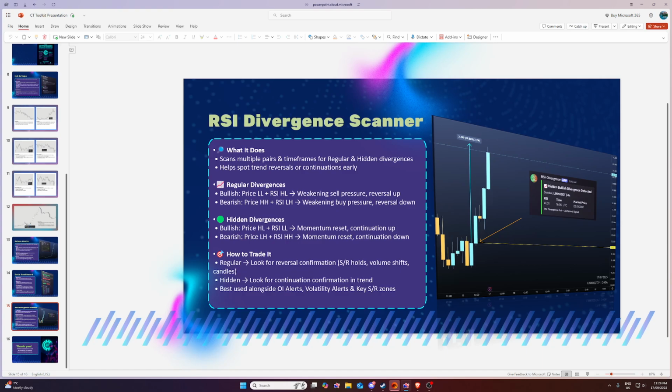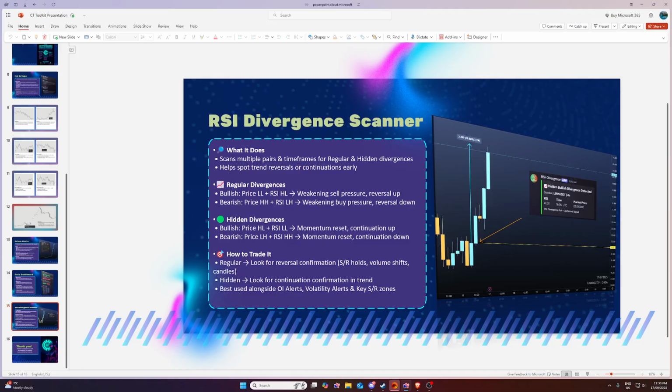Lastly, we also have the RSI divergence scanner. If you're not aware of what an RSI divergence is, it's basically where price is making a higher low, but RSI is making a lower low. That's an example of a bullish RSI divergence.